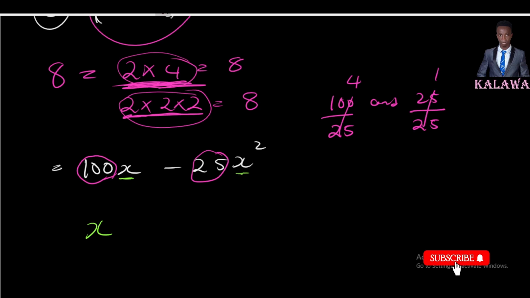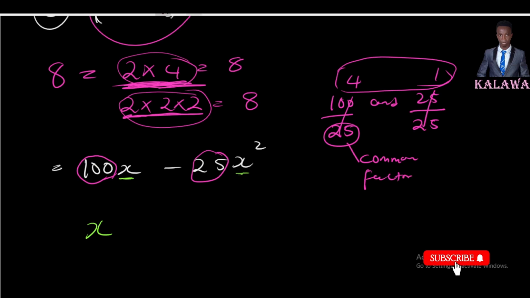So this 4 and 1 is what is supposed to be in the brackets, and the 25 is supposed to be outside because it's a common factor. The 25 is what you can use to divide the 100 without any remainder and also divide 25 by itself without any remainder. So 25 here is the common factor, so this should always be outside.